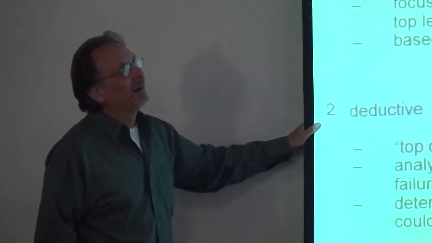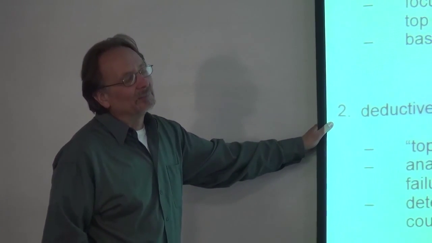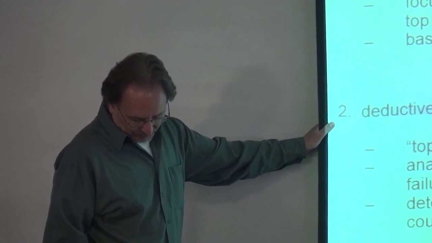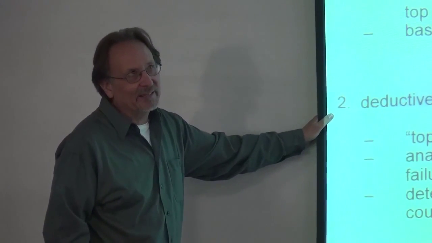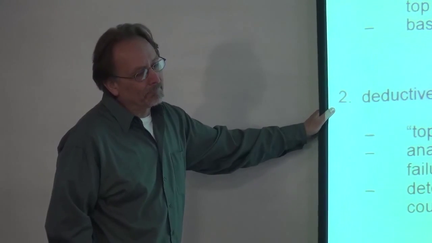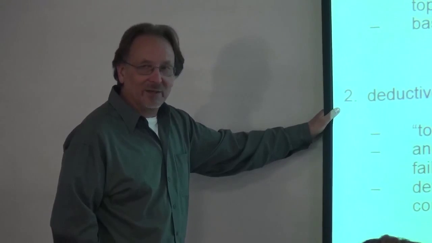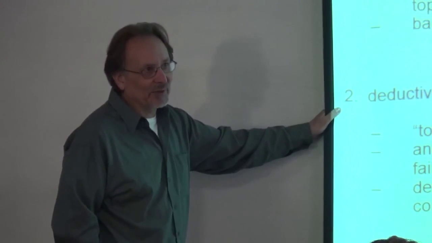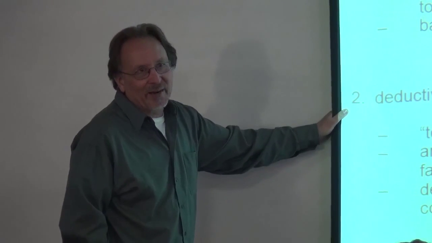I'll say that this is usually the approach used in root cause analysis. However, root cause analysis is really a more eclectic approach. They sometimes use fault tree type approaches in root cause, but then they also use Ishikawa diagrams.